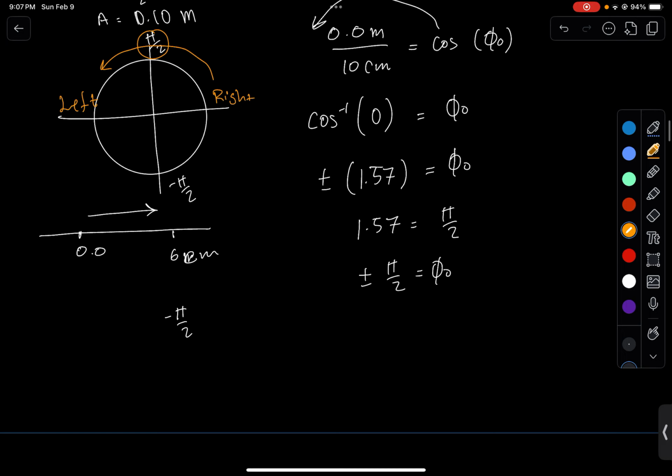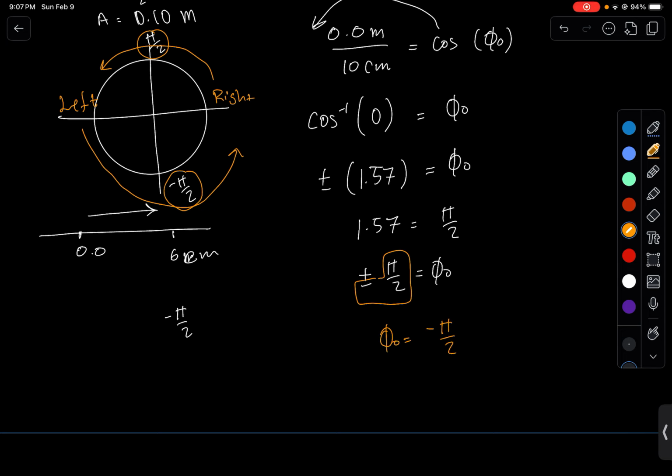But if we choose minus pi over 2, it means we are at the left position and moving to the right side. 0 is visualized at the left side, and 6 centimeters is always on our right side. So it is indeed minus pi over 2. The phase constant is minus pi over 2.